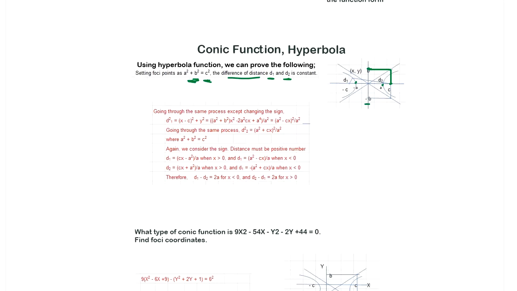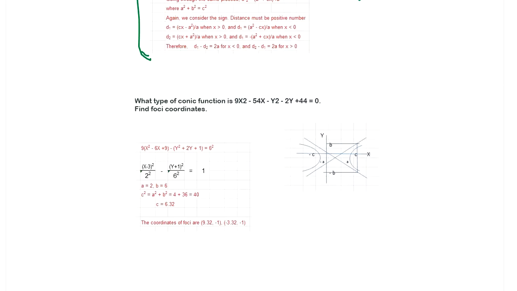The difference between d1, d2, for any point on the hyperbola, you measure the distance to the two focus points, d1, d2, is constant. And the proof is here. Yes, you can stop the video and go through these similar things.